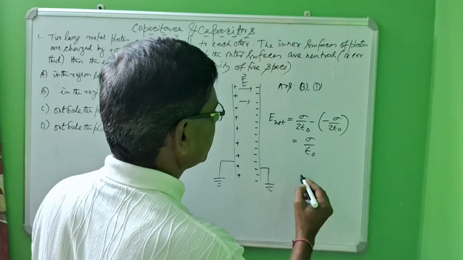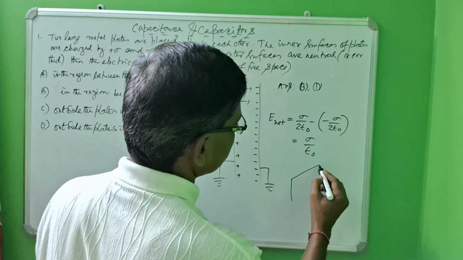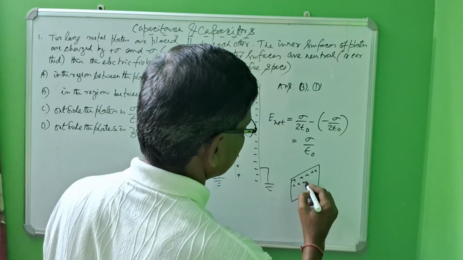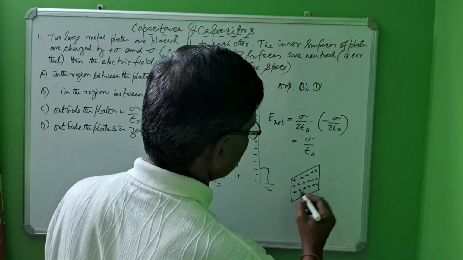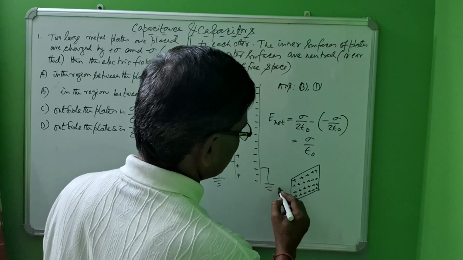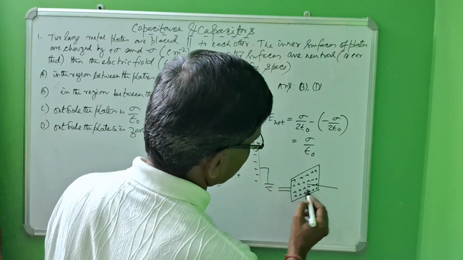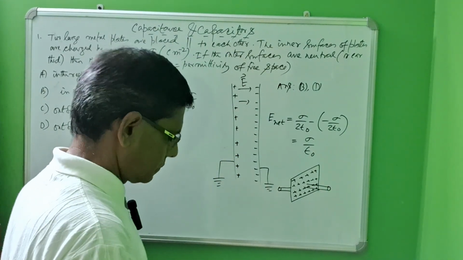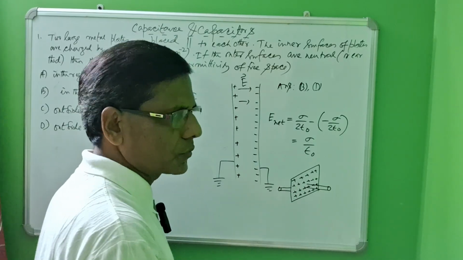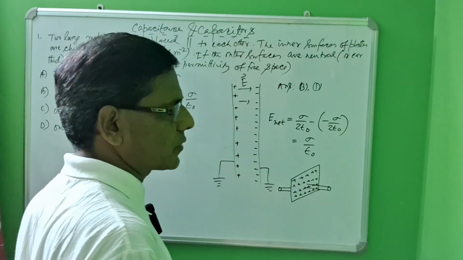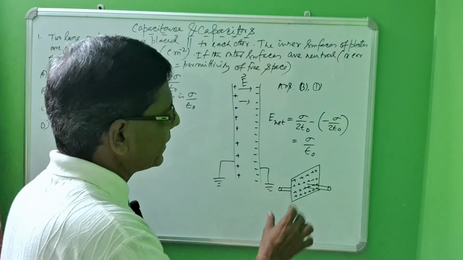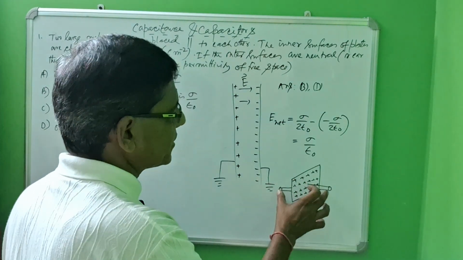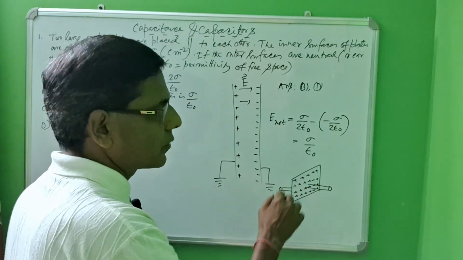For a large metal plate, suppose this is a large metal plate, and suppose sigma is the surface density of charge for this metal plate, and a plane is taken into account which passes through this large plate.